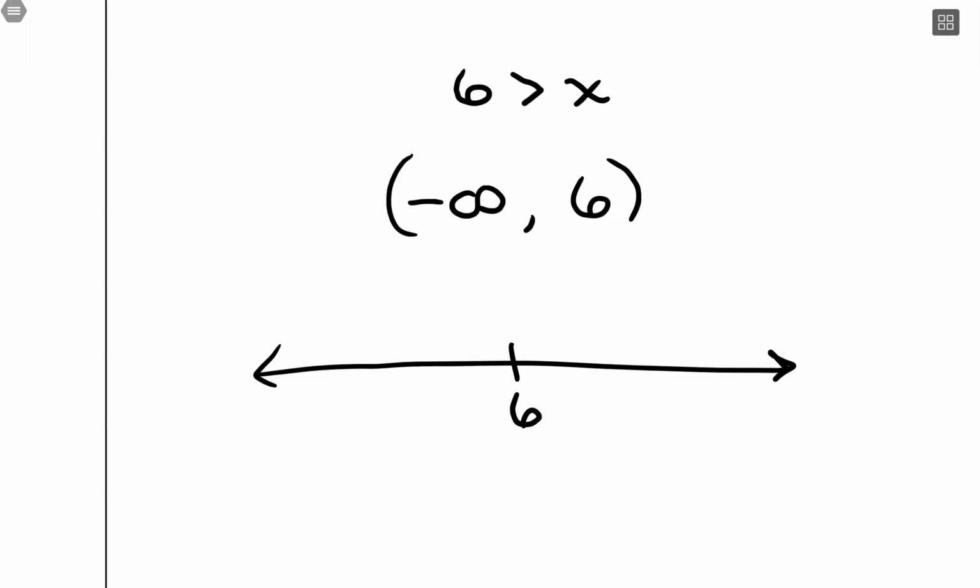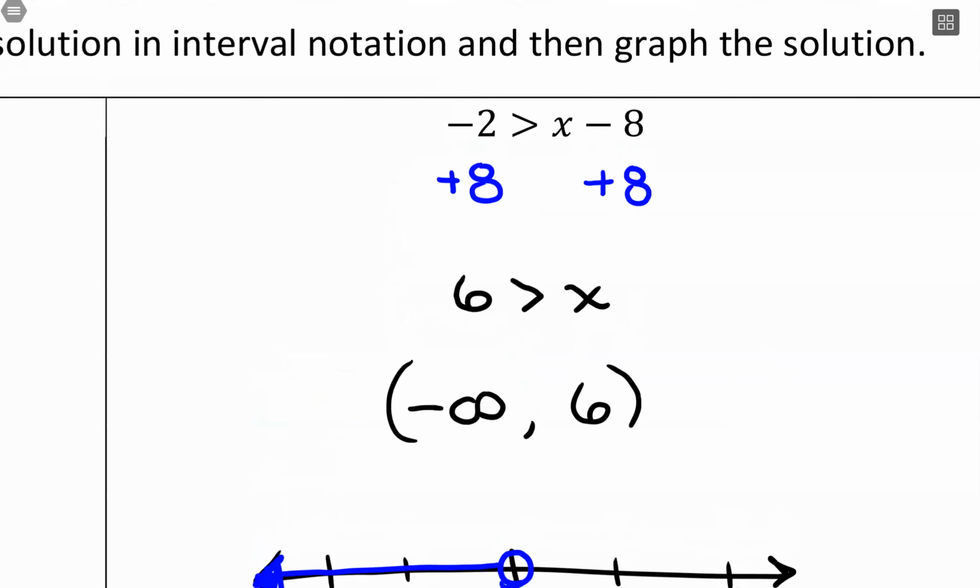And then for a graph, so here we finally have a graph using a different number. I want to focus on 6. I'll go 2 above, 2 below, so that we get an idea of the order of our numbers. It should always go smaller numbers to the left, larger to the right. We'll have an open circle at 6, and then we'll go off to the left-hand side. And then again, you can check your answers, like 4 should be a possible solution here.